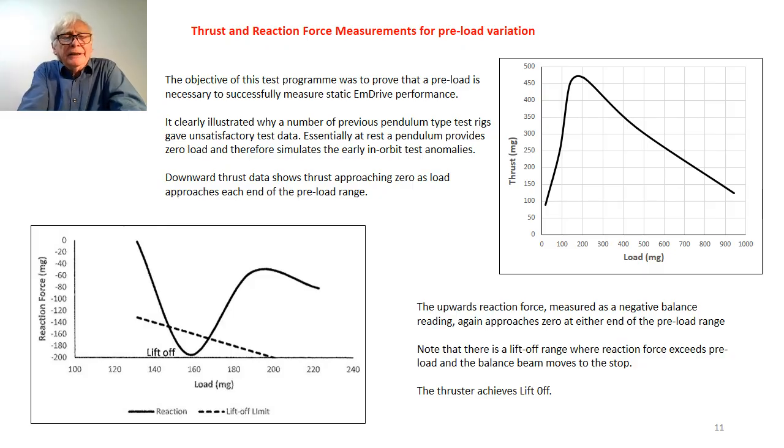The dotted line that we show in this particular characteristic is the theoretical liftoff limit, and it shows that we did in fact get liftoff once we'd gone past this theoretical limit.